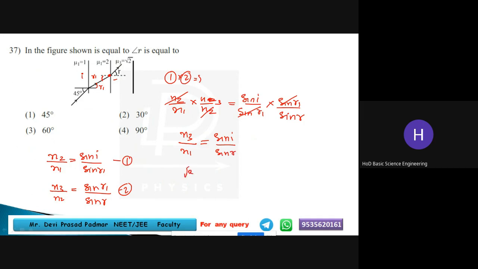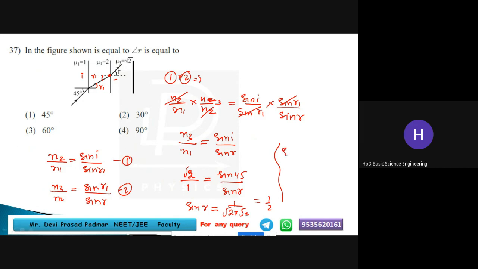So n3 is root 2, n1 is 1, sine 45 divided by sine r. So sine r is 1 by root 2 into 1 over root 2, that gives 1 by 2.